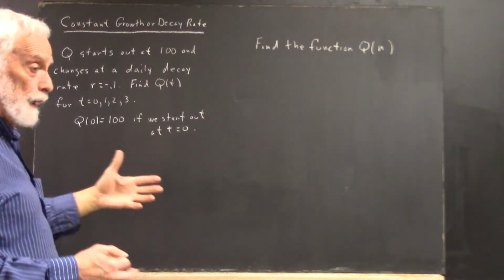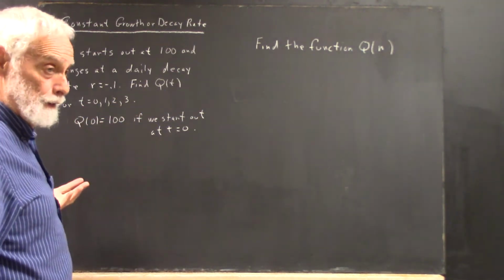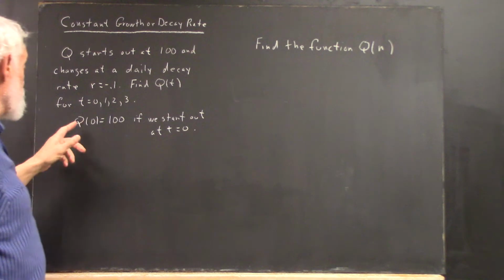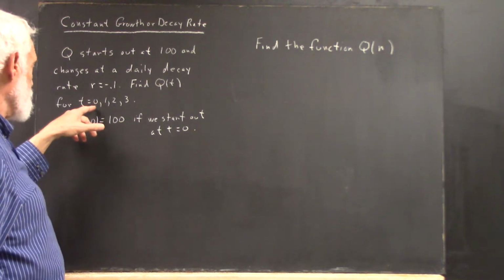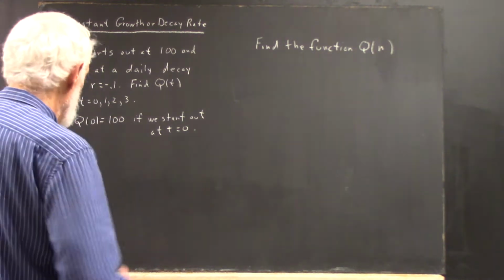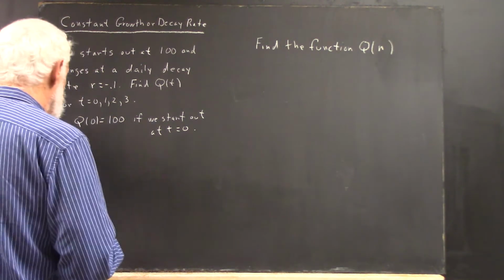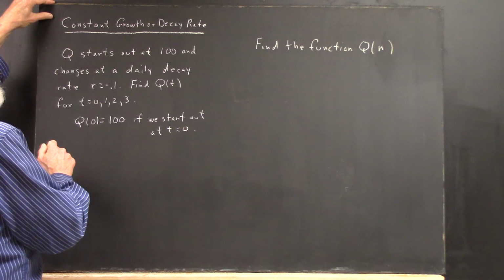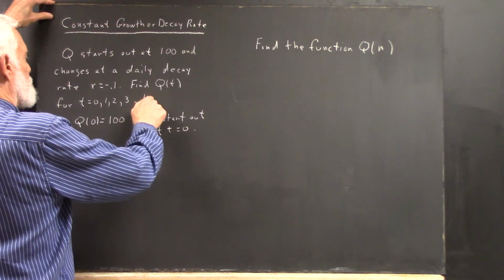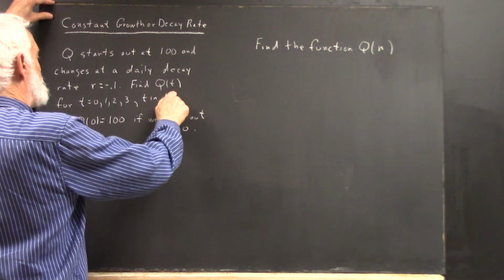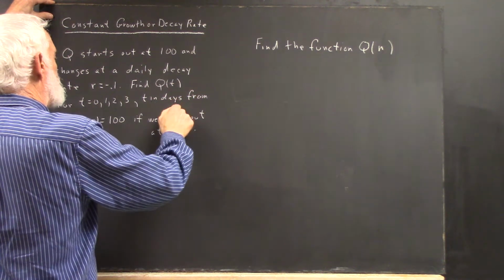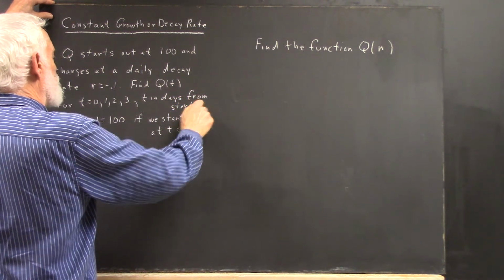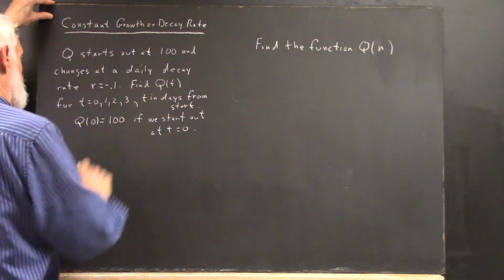We might want to start out at t equals 15, in which case we'd say Q of 15 is 100, and we wouldn't necessarily have been asking about t equals 0, 1, and 2. Anyhow, we should probably specify that t is in days from start.